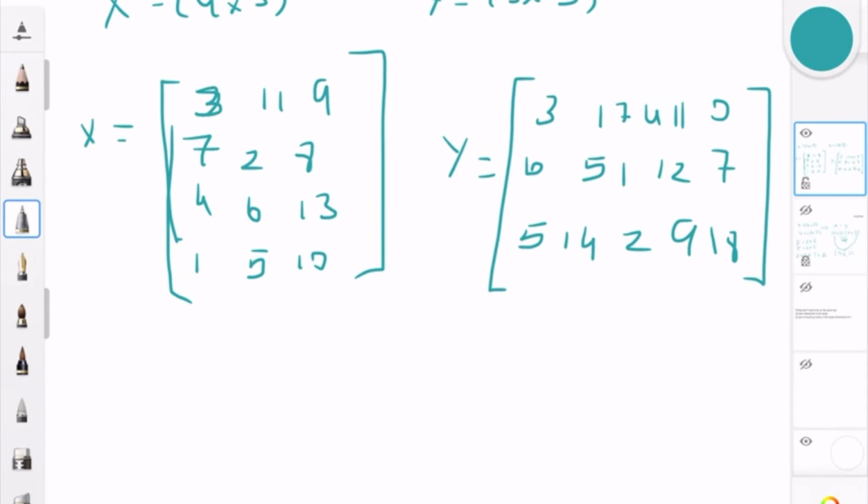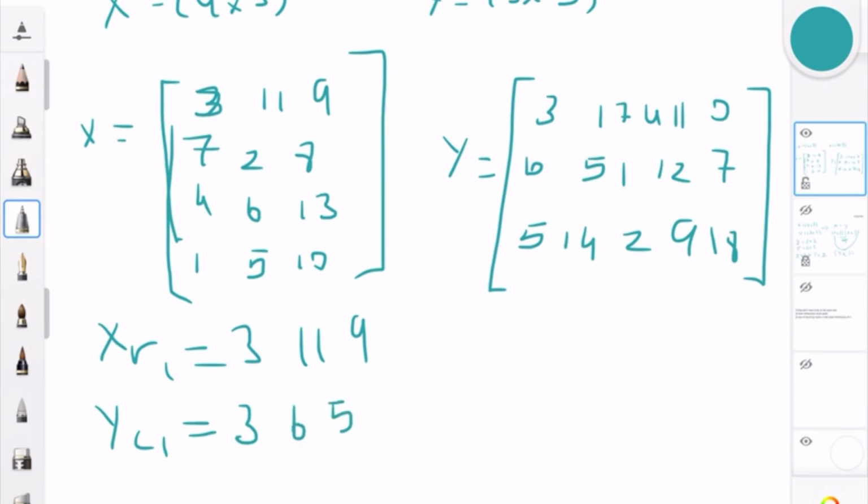The first row of X is 3, 11, 9, and the first column of Y equals 3, 6, 5. XY of 1, 1 is calculated by 3 times 3 plus 11 times 6 plus 9 times 5, which is 120. So this is how we calculate these matrices.